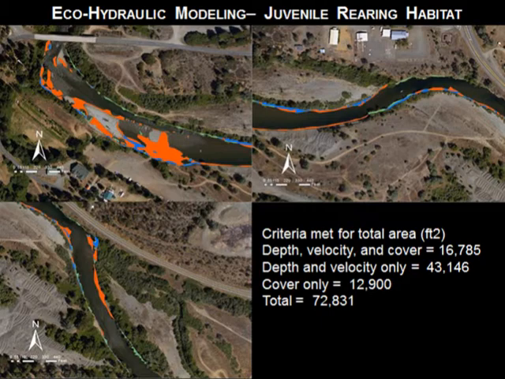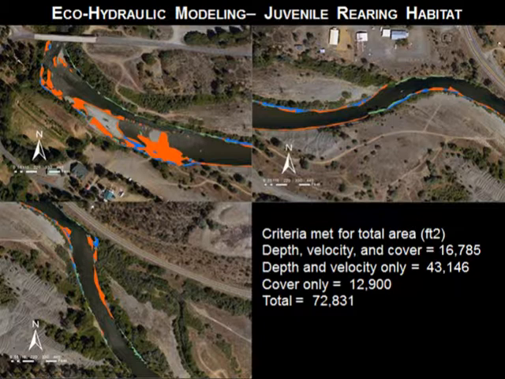So eco-hydraulic modeling is something we've been doing more and more on the Trinity, just trying to quantify our design alternatives compared to existing conditions: how much habitat can we actually create?